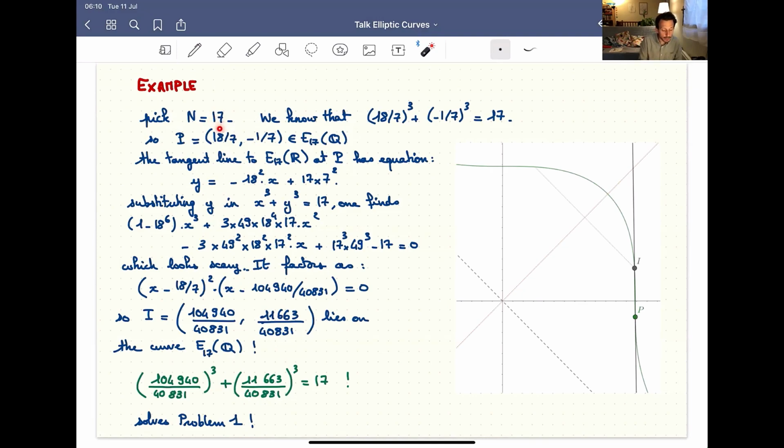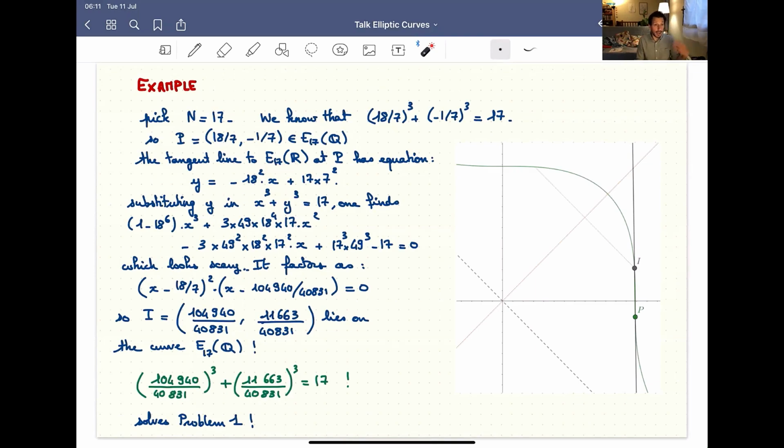We're looking for rational numbers x and y such that x cubed plus y cubed equals 17. And we found, or you can find if you try by using a computer search, that (18/7) cubed plus (-1/7) cubed is 17. So if we look at the point P with coordinates 18/7, -1/7, then it's a point on the curve E_17(R), or E_17(Q) actually.